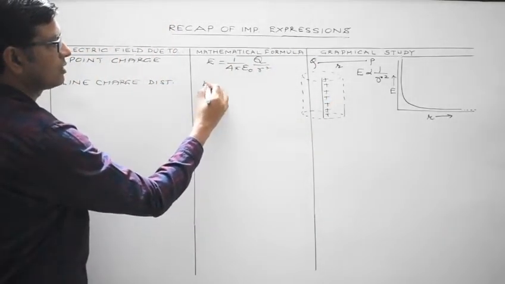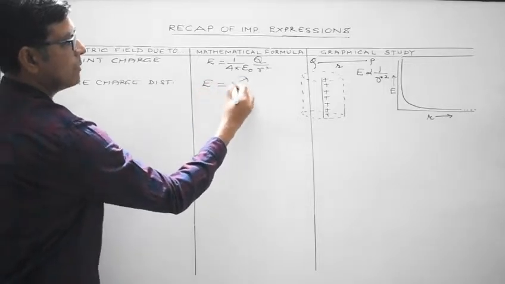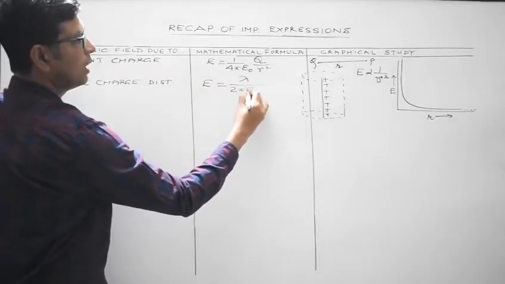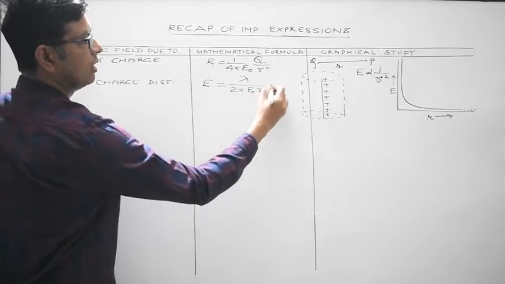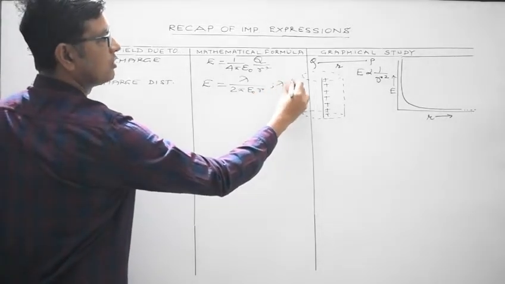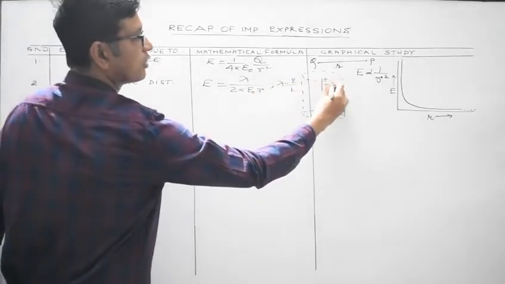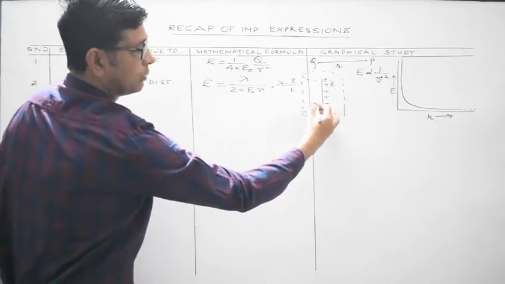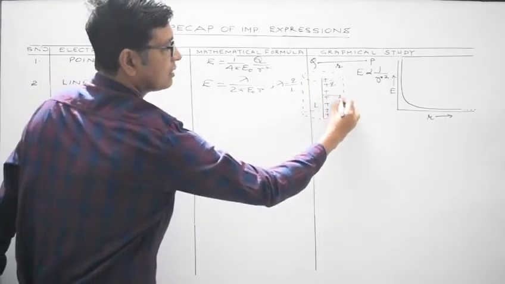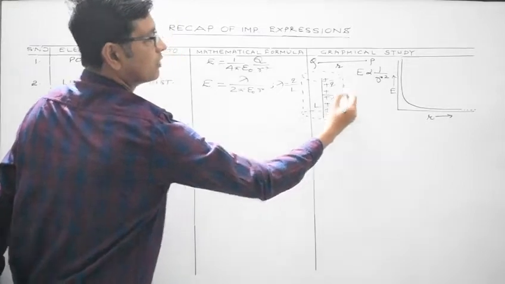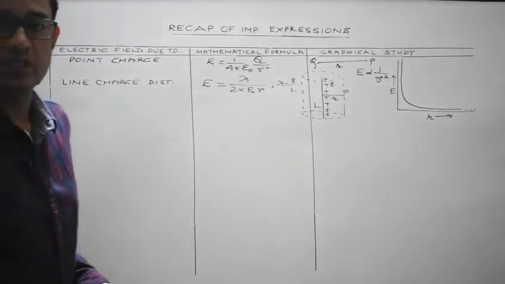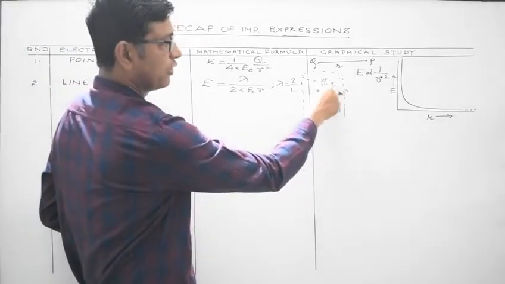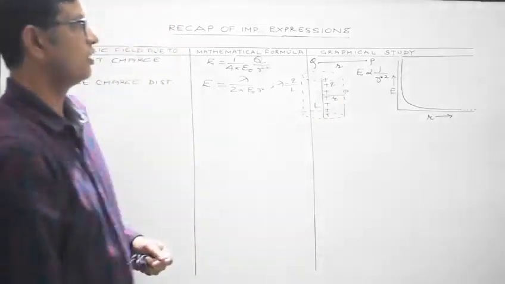So for line charge distribution, the formula is lambda over 2 pi epsilon into small r. Lambda over here is obviously the charge per unit length, charge q uniformly distributed over length L, and r is the radius of the right circular cylindrical Gaussian surface, or it's the distance of the observation point from this line charge.